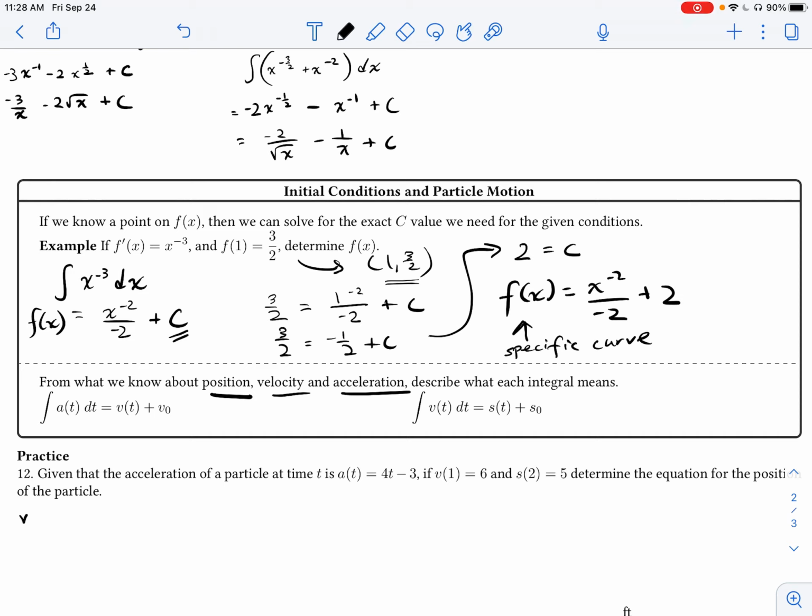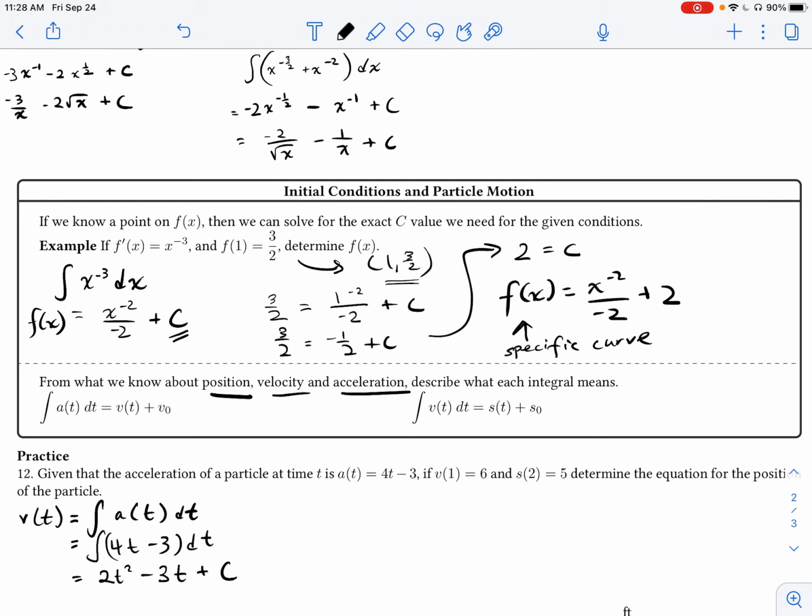So the velocity function is going to be the integral of a of t dt. So if we integrate that function, we can say v of t would then be t squared, divided by 2, so that's going to be t squared, minus the integral of negative 3, which is going to be negative 3t, plus some constant.